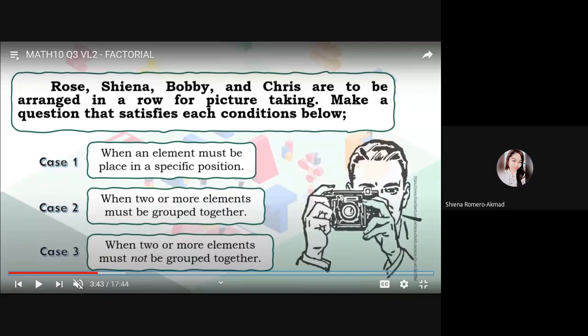Hello po. Case number 1. Tanis. Dapat daw, an element must be placed in a certain position. Ikaw gagawa ng kondisyon. Tanis? Nasaan na si Tanis?